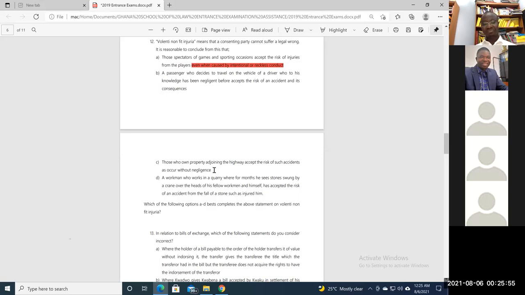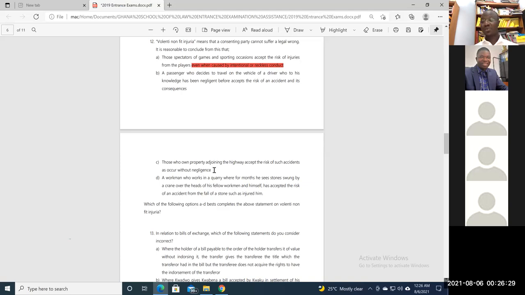Then what about D? We have a mining area or a stone quarrying area where a person is known to have swung a stone over the heads of some workers. The person still continued to work there, knowing that this incident has occurred before.